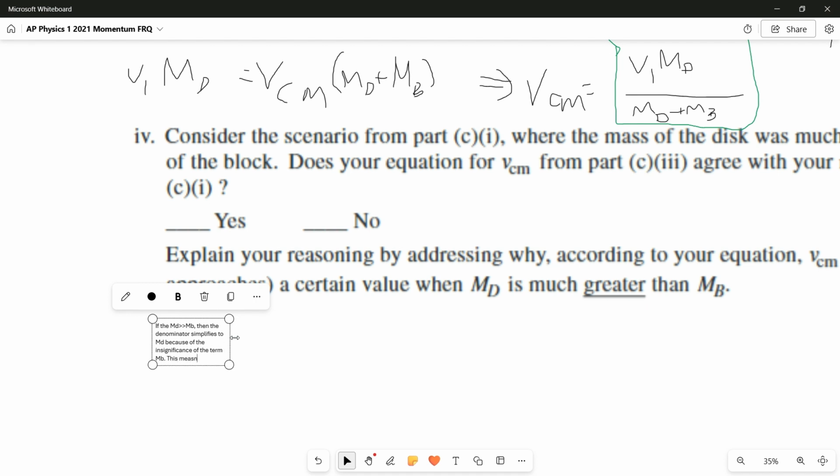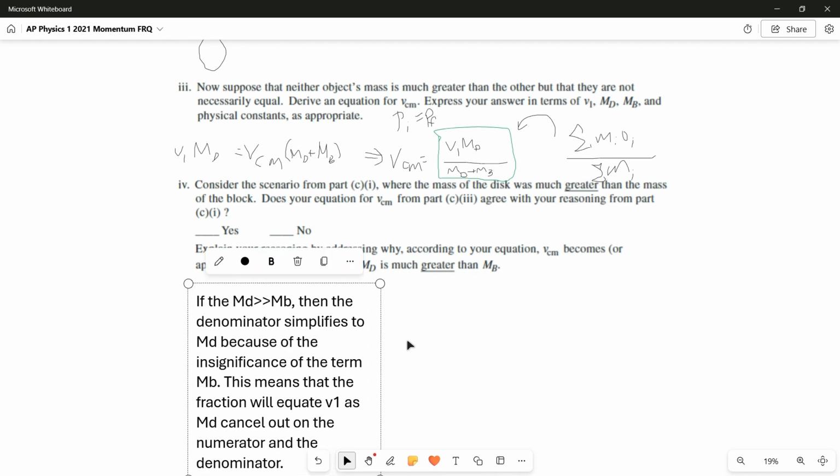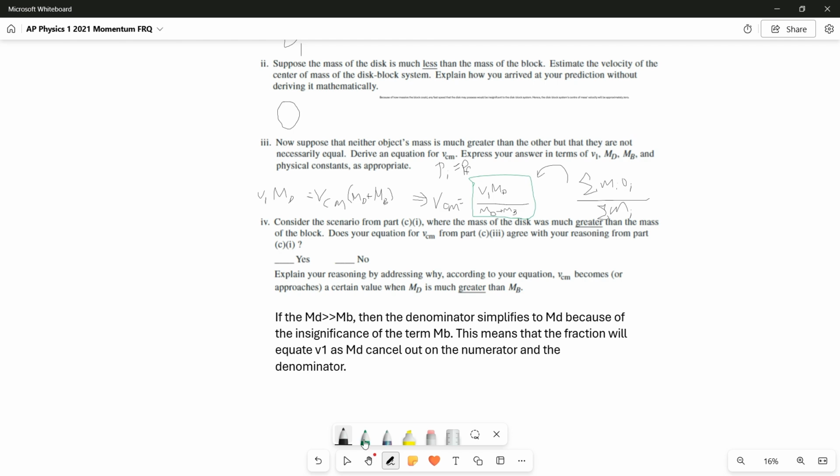This means that the fraction will equate to V1 as MD cancels out on the numerator and the denominator. All right, so our answer, in fact, makes sense, and in theory, it should be because that's normally how the AP exam works. So don't forget to do a quick check mark all the way over here.